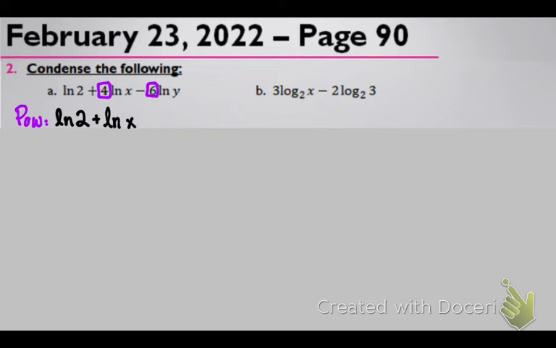And I'll write natural log of x, but that 4 becomes an exponent there. And then I'll bring my subtraction sign down, because I'm not doing anything with that one yet. And I have natural log of y, but that 6 moves from the front of the log to the exponent, and I have a natural log of y to the 6th.